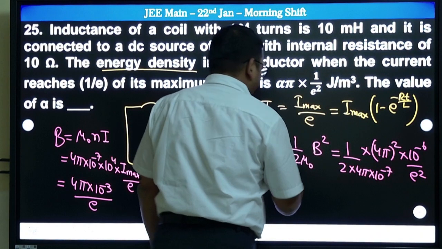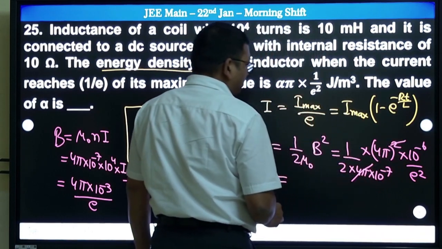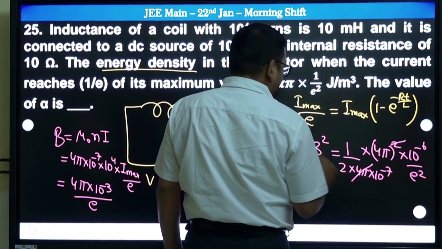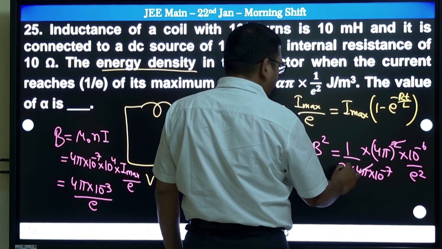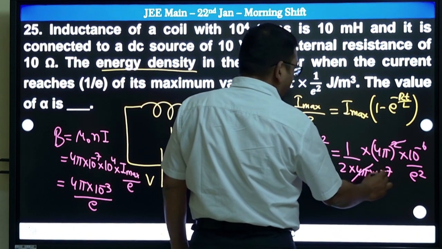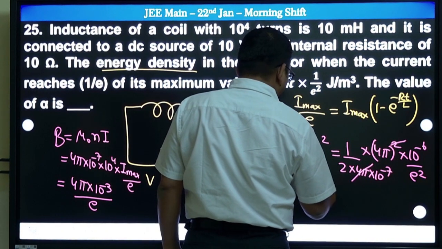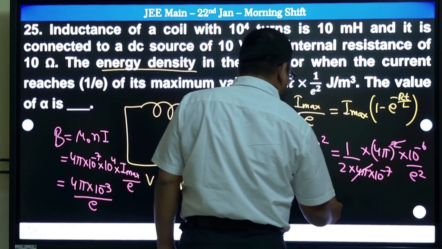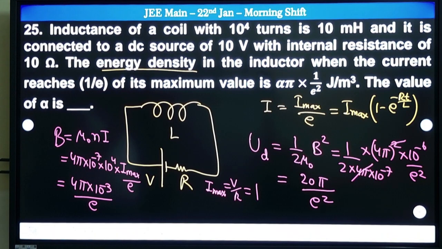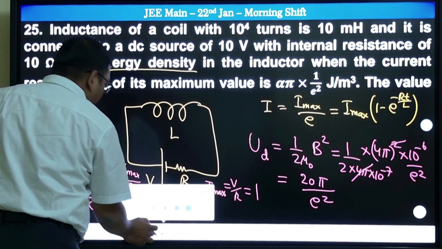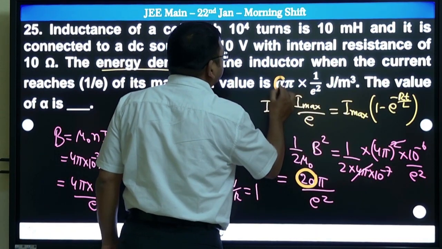Check out this calculation. One 4 pi will get cancelled, and here 4 pi by 2 gives 2 pi, and 10 will come. So 20 pi by e squared. Is this correct? Let us check that. So 20 pi by e squared. So this factor, alpha, must be 20. Yes, alpha must be 20.